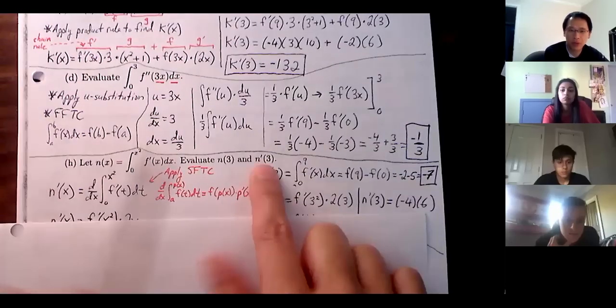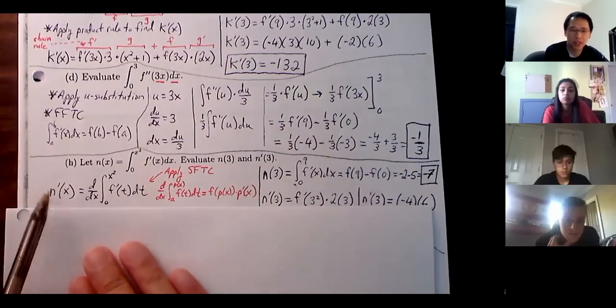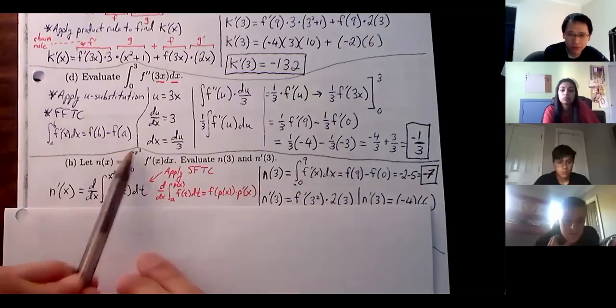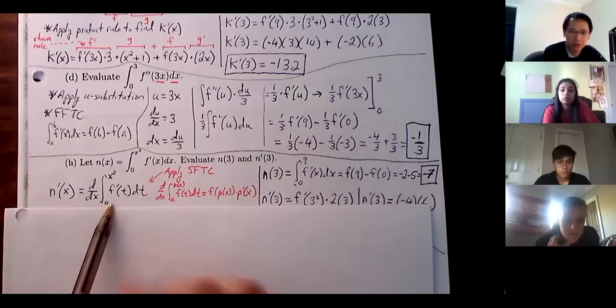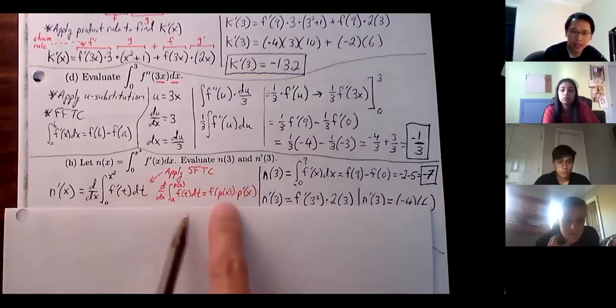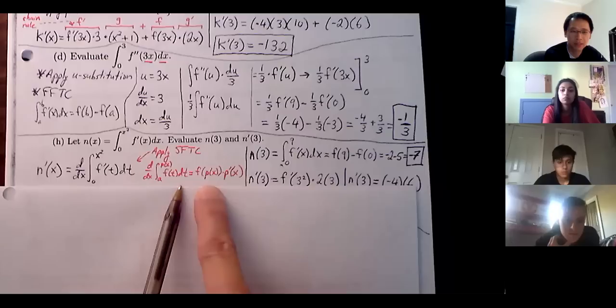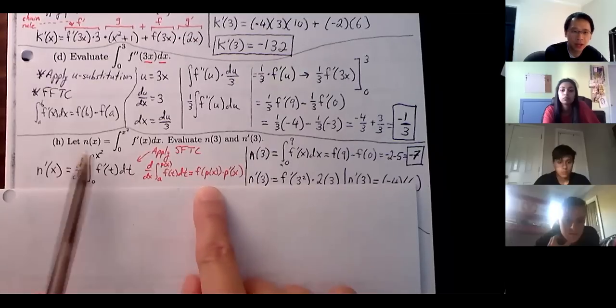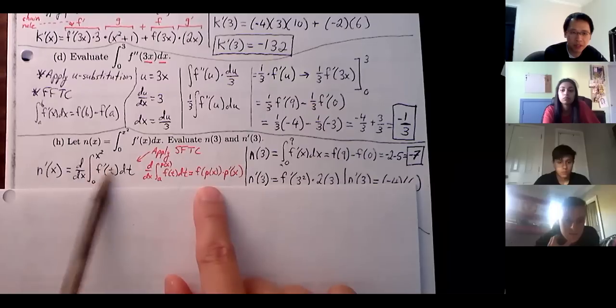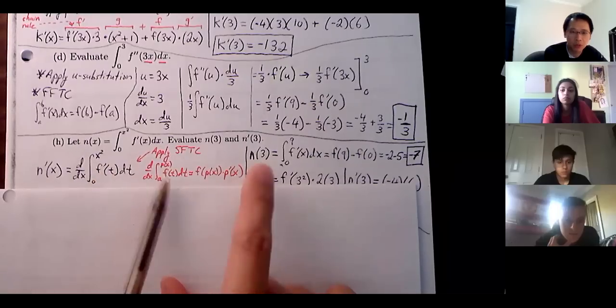N prime of 3: to get to n prime of 3, we first need to find n prime of x. To find n prime of x, I have to figure out the derivative of this mess. So for the derivative of a definite integral, this is a reminder, you have to go through the second fundamental theorem of calculus. We know these two operations cancel each other out. The f prime is largely going to stay, but there are two things we have to take care of.